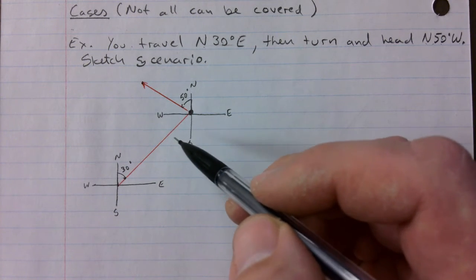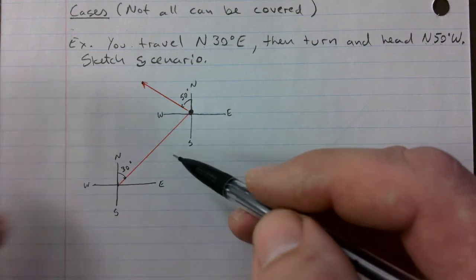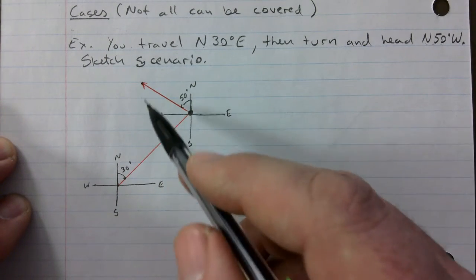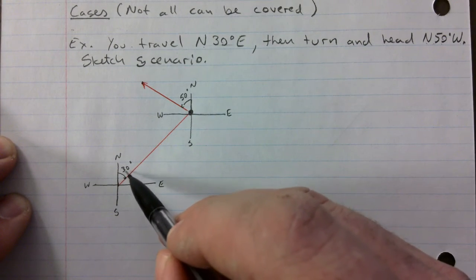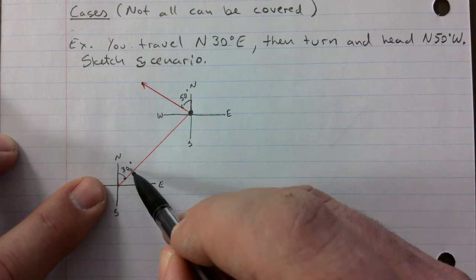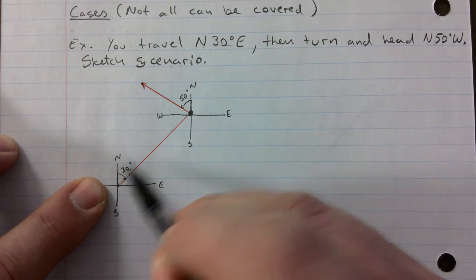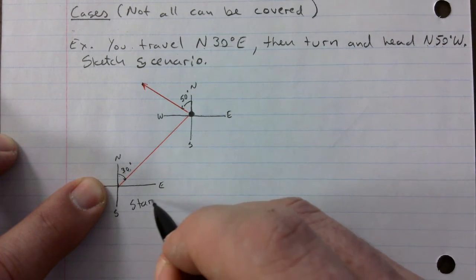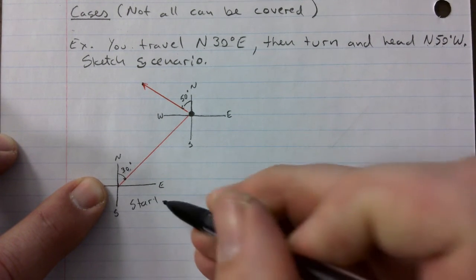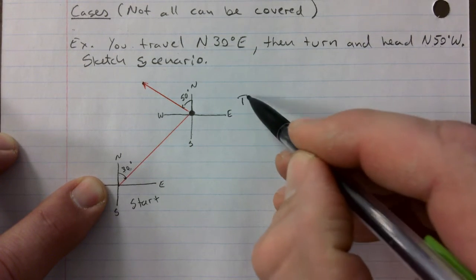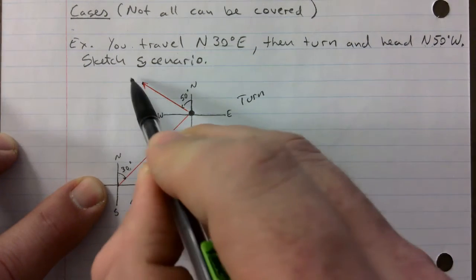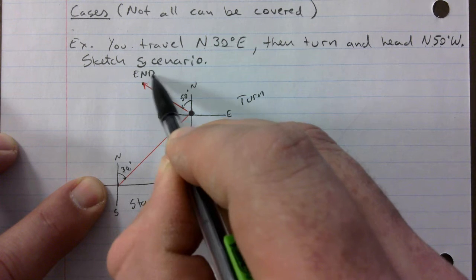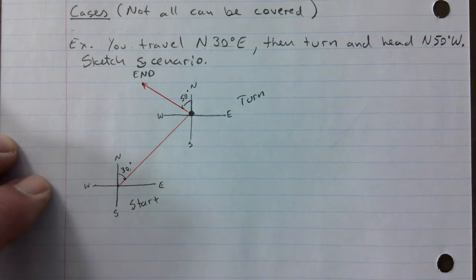The problem is now the angles, okay? So this 30 degrees, how could we transfer it over to this turning point? So start, and we turn, and this is where we end up. Okay, start, turn, end.